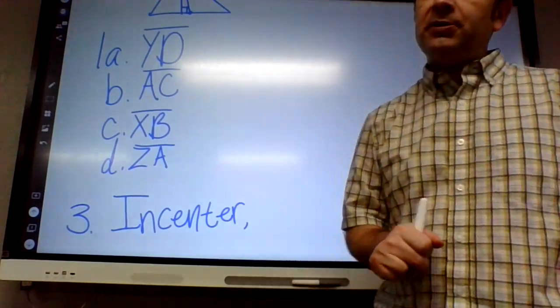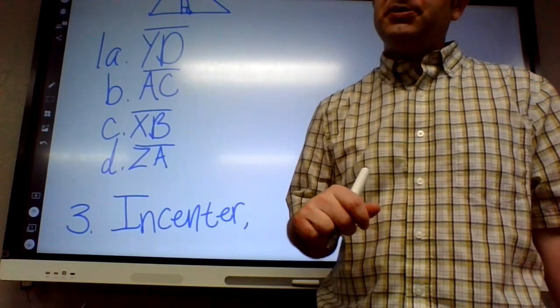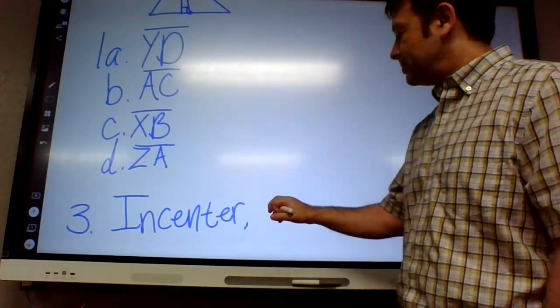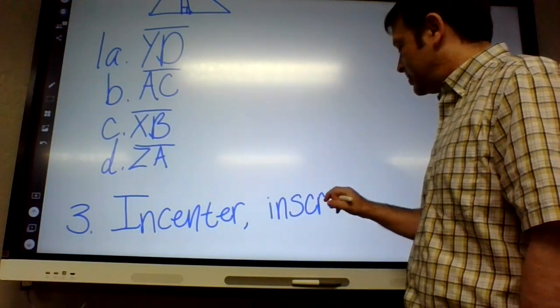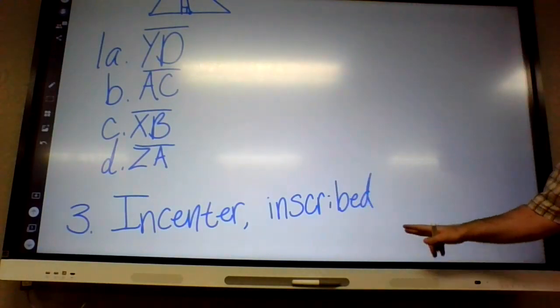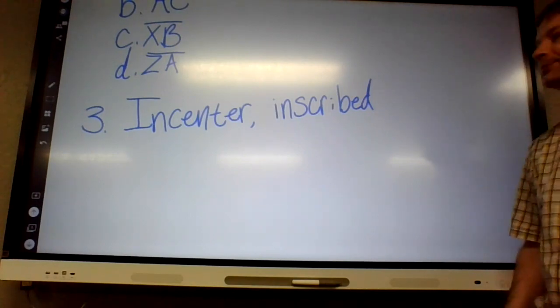It's called the incenter because a circle with radius ST is the blank circle. I drew the circle inside, and I called it inscribed. That just means drawn inside. The other one is circumscribed.